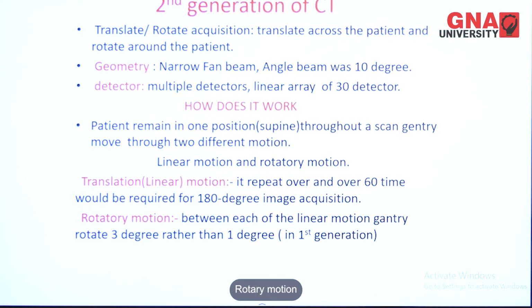Between each of the linear motions, the gantry rotates 3 degrees rather than 1 degree in first generation. The reason is we are using a fan beam, and a fan beam is able to cover a larger area as compared to the pencil beam.